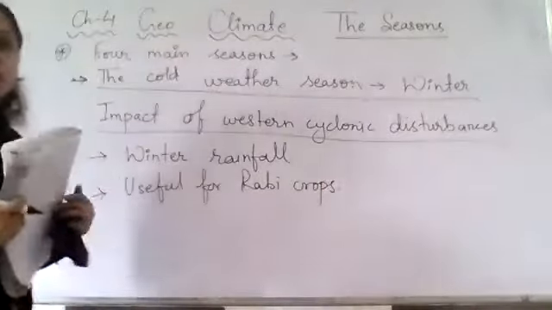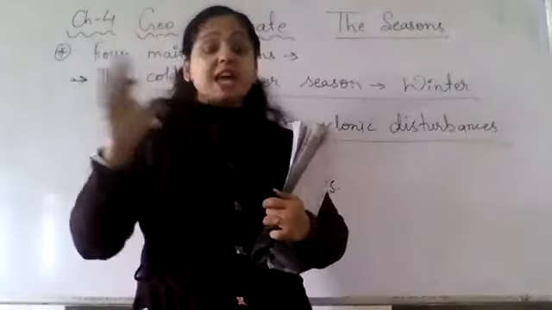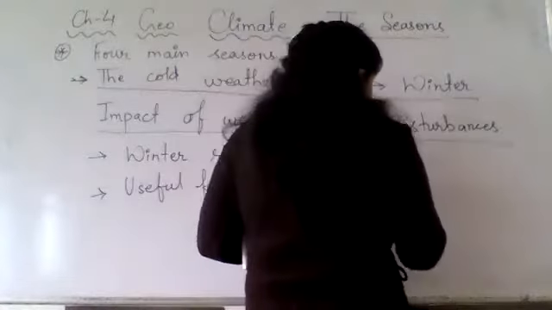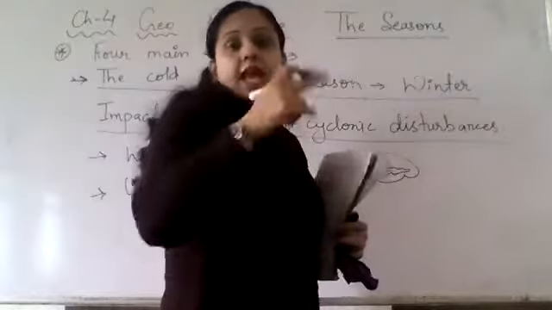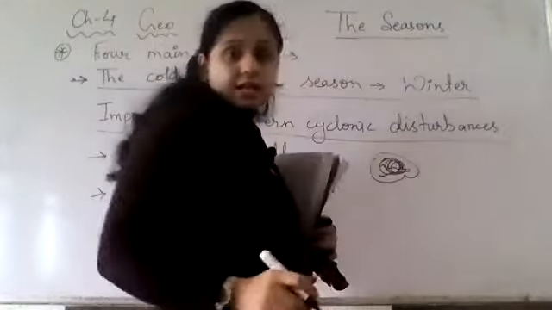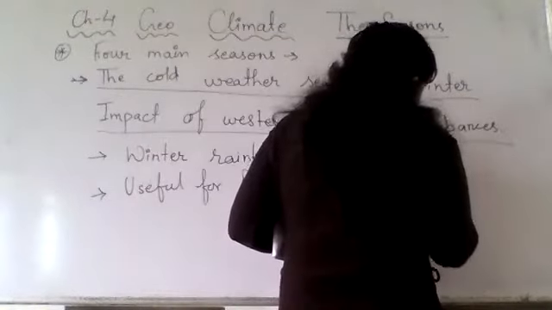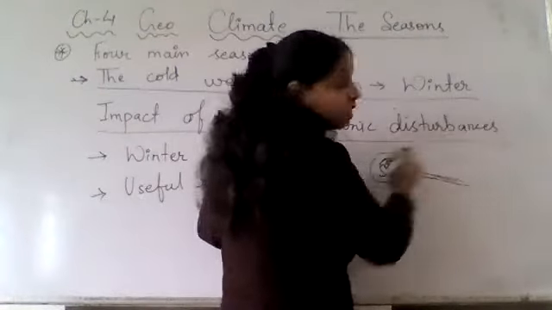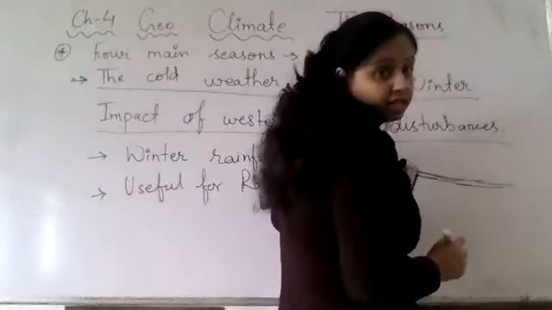Now here this is the important one. We have already discussed the western cyclonic disturbance. How is that created? So in the Mediterranean Sea, what happens? In the Mediterranean Sea, the western cyclones are created. The cyclones are developed, and the air which is blowing above this western cyclone actually takes moisture, right?